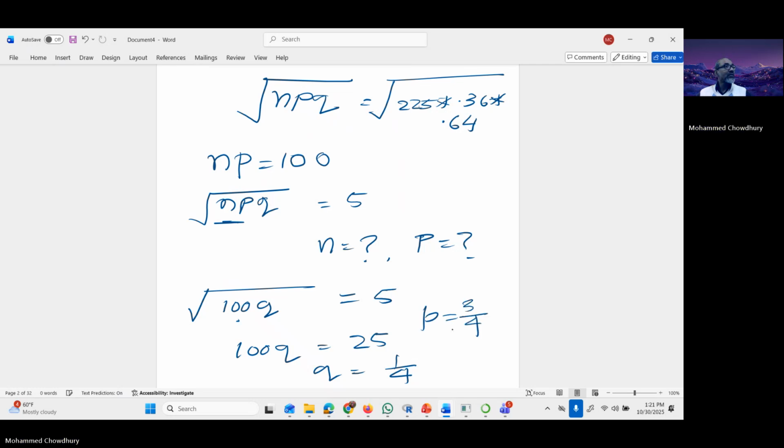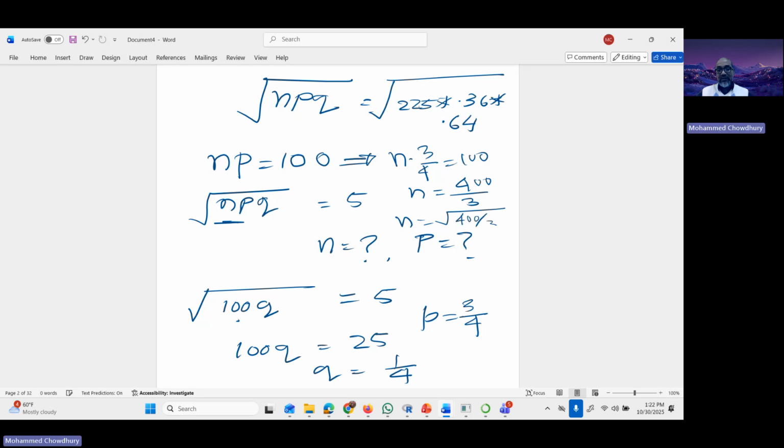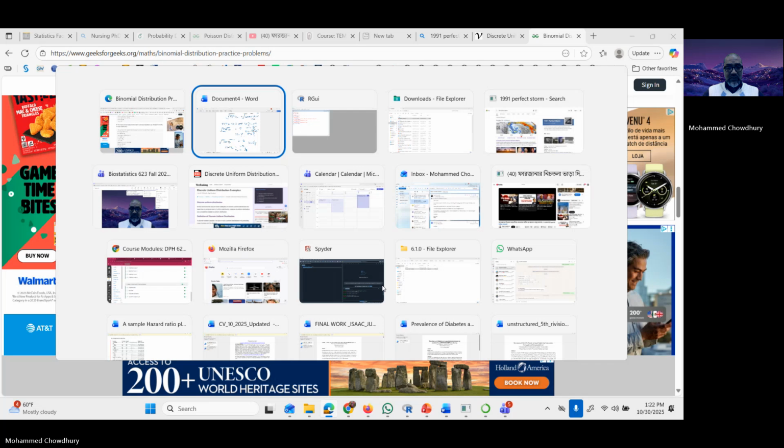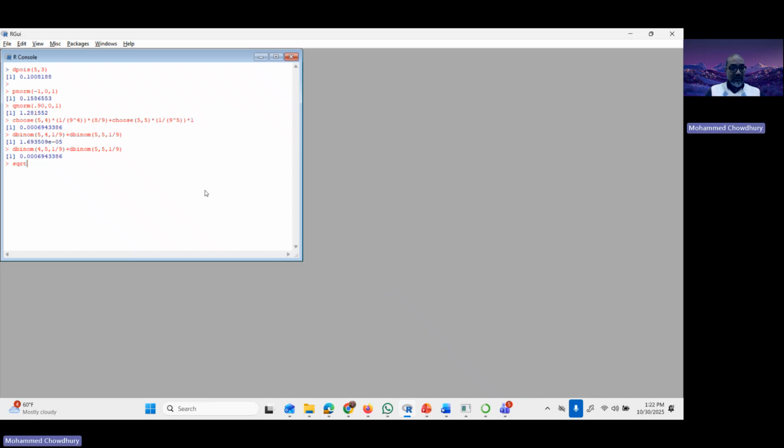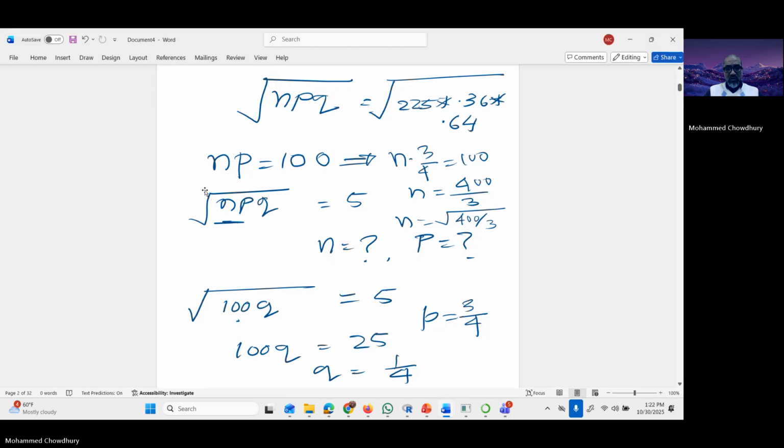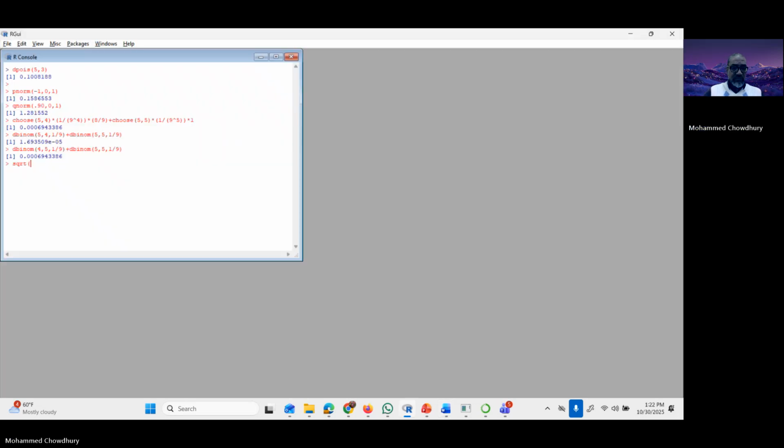If q equals 1 over 4, p equals 3 over 4, right? Now if you plug p equal to 3 over 4 in there, and np equals 100, then n equals 400 over 3, which is about 133.